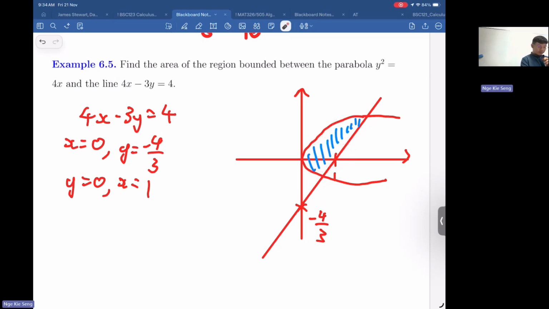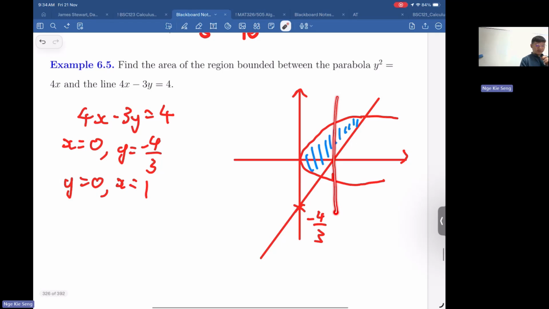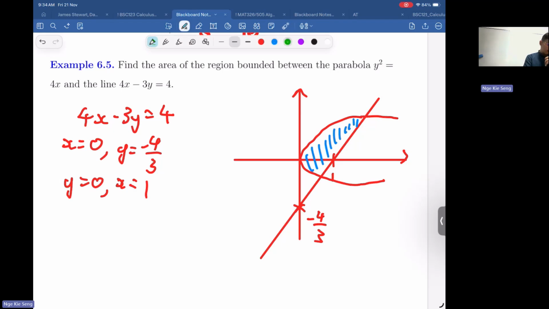For example, if you want to use the previous method, from 1 onwards up to this point, let's call it B, later we'll find out what this point is. From 1 to B, the top function is y squared equals 4x, and then the other one is 4x minus 3y equals 4.